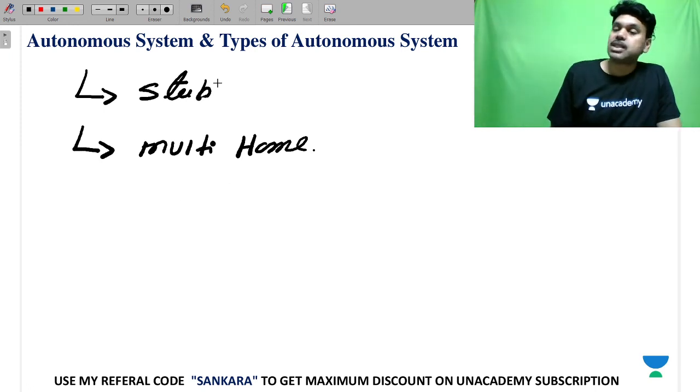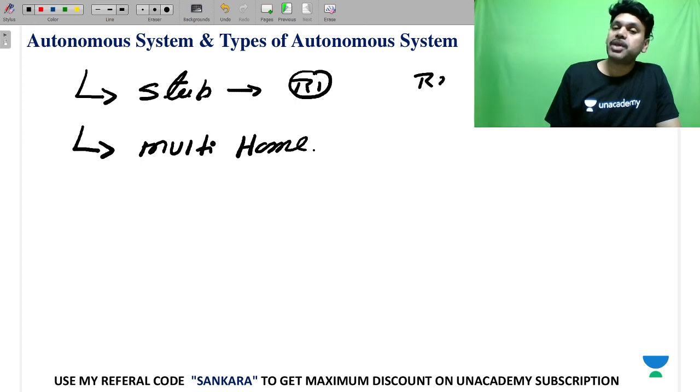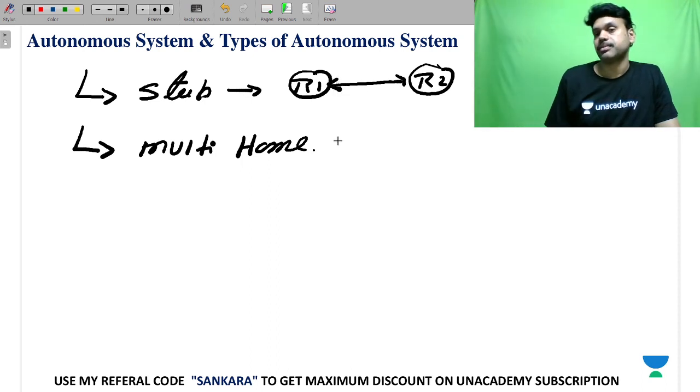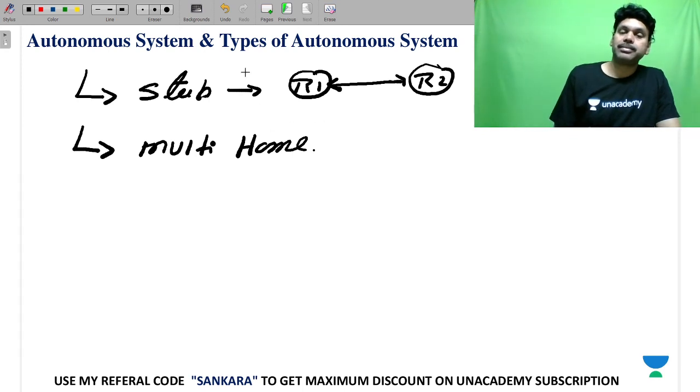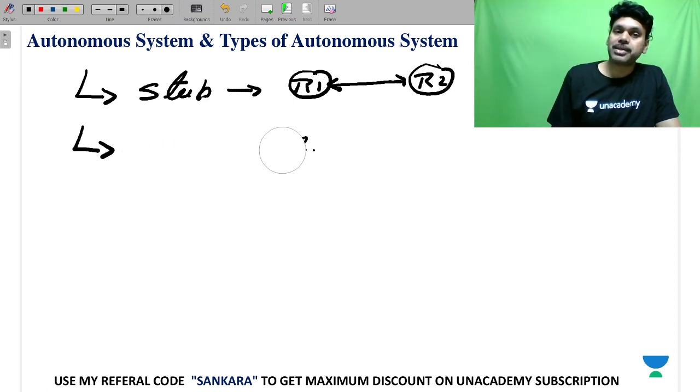The stub autonomous system is nothing but this: router 1 can communicate with router 2. No problem. Direct link. But you cannot use it as a bypass. What is a bypass?